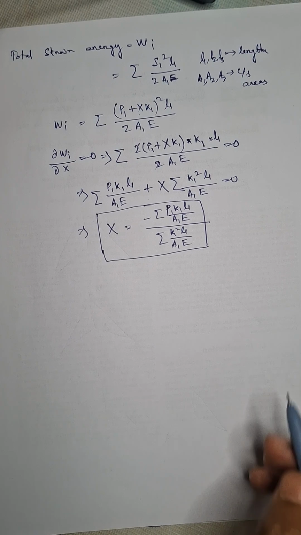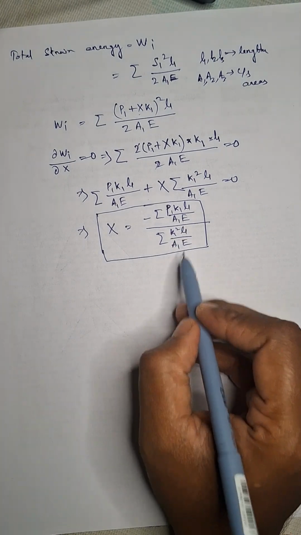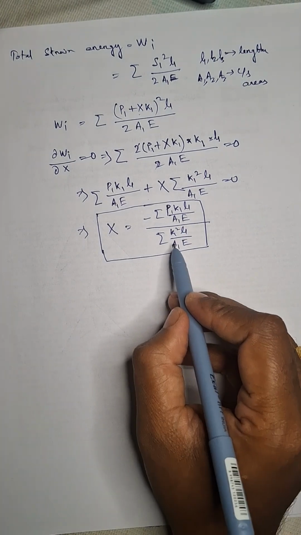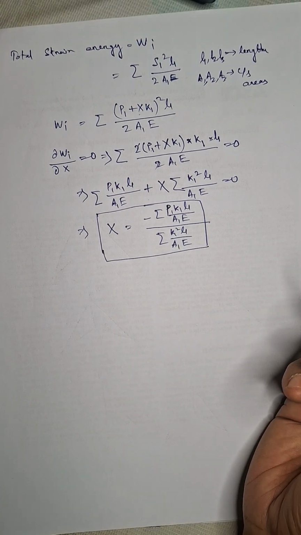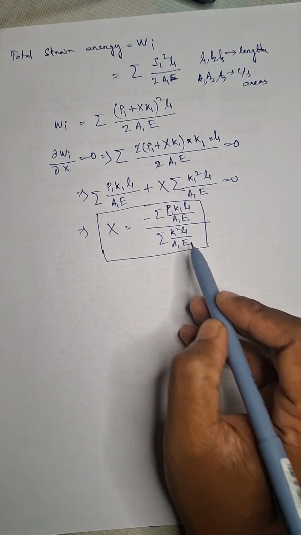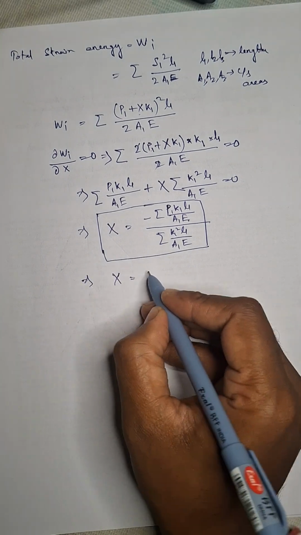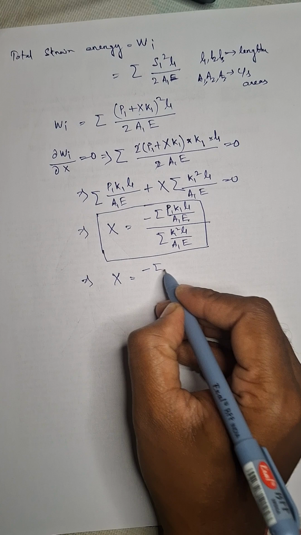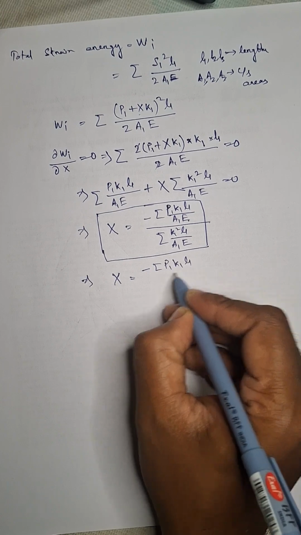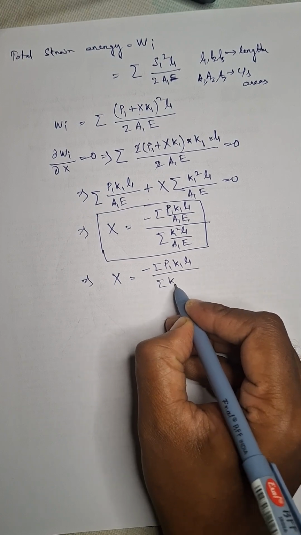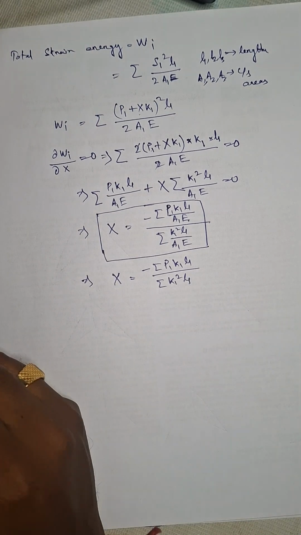If the cross-sectional area is constant for each member and the modulus of elasticity is constant, then this formula can be written as minus summation of P1 K1 L1 divided by summation of K1 square into L1.